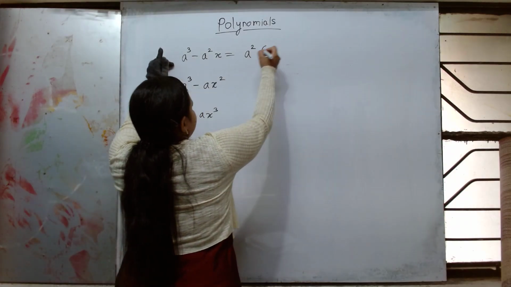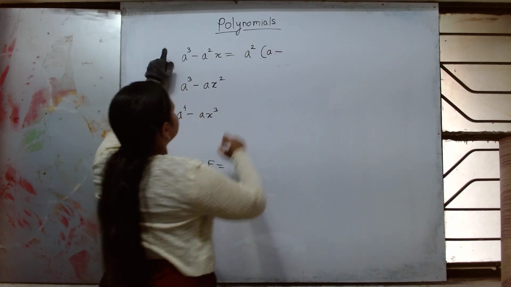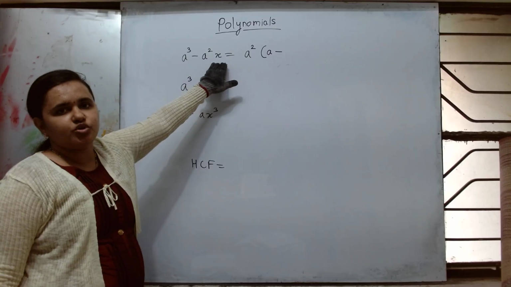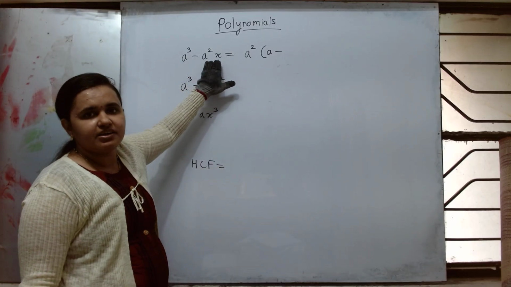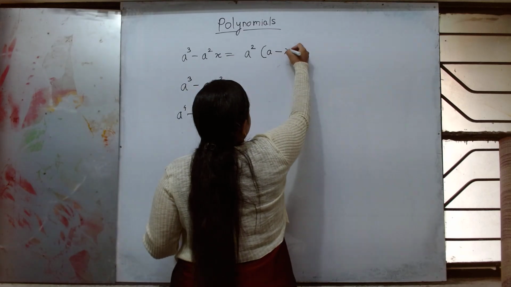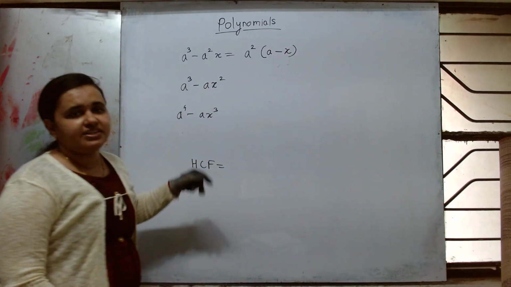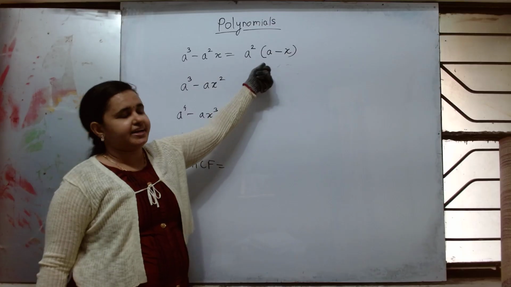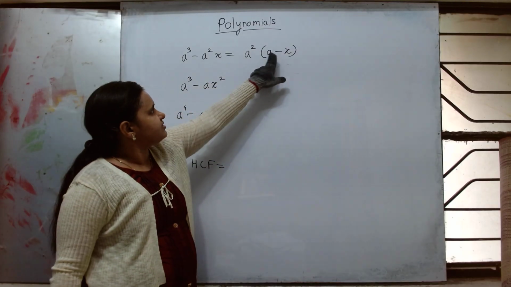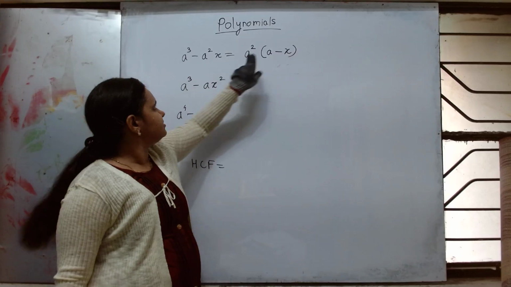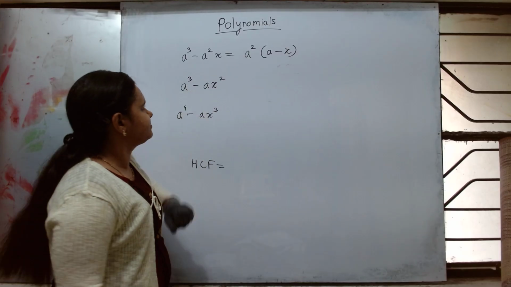So it will be a minus. Here it is a square into x, with a square common, x is remaining. You can check it by multiplying it in the bracket. A square into a will be a cube minus a square into x is a square x.